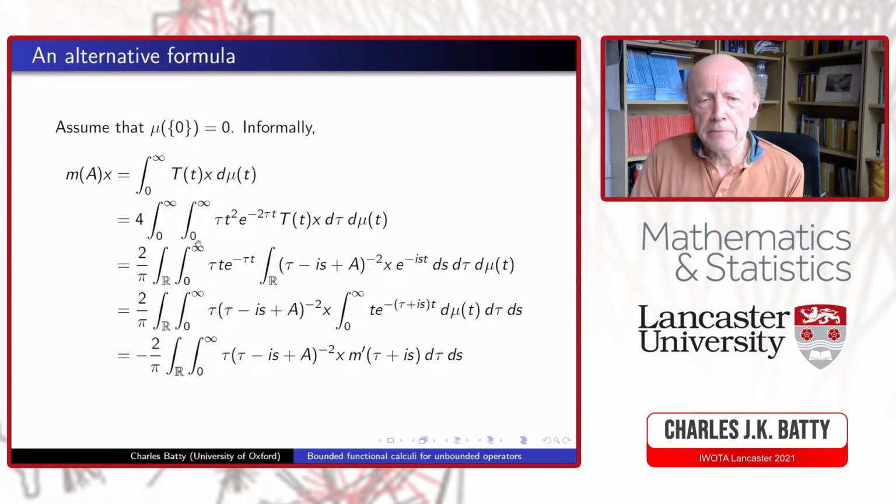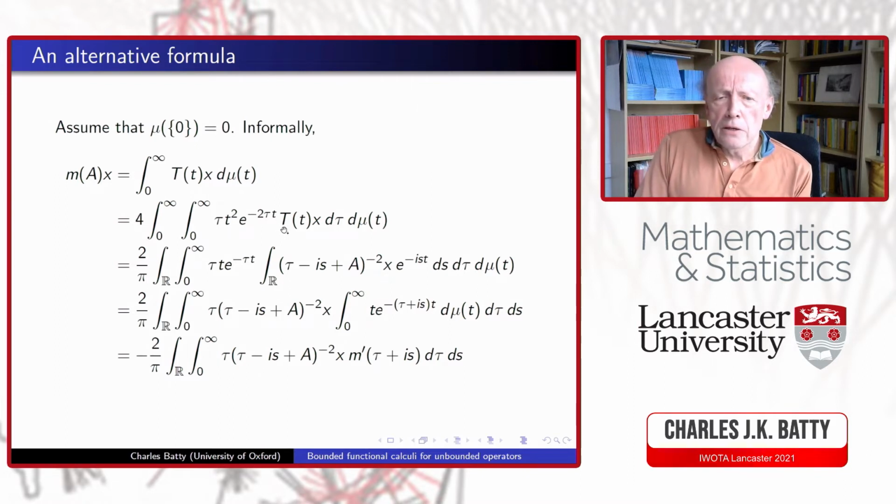The first step simply uses the fact that the integral from 0 to infinity of tau e to the minus 2 t tau dt d tau is equal to 1/4. The second step is because remember that the resolvent is the Laplace transform of the semigroup.